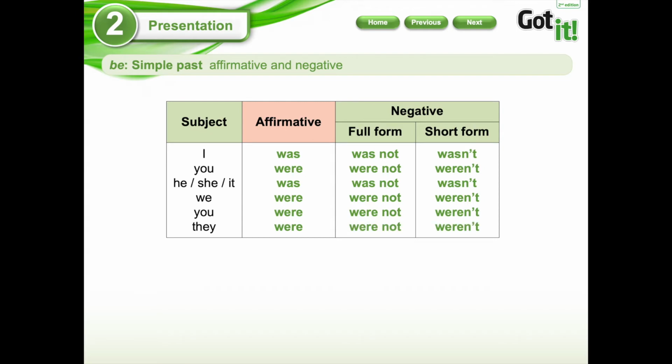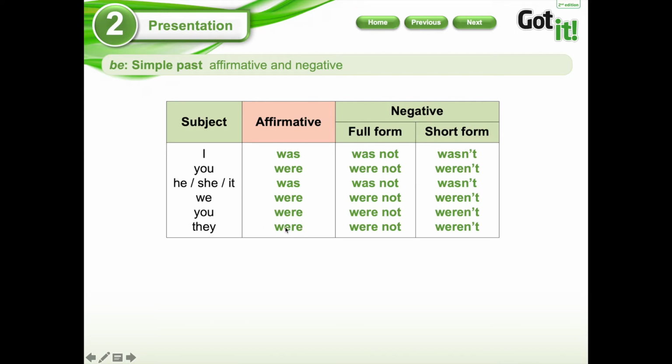Okay, very good. If you pay a lot of attention, you can notice that in the subjects that are singular, like for example I, he, she, it, we are going to use the word was. And in the subjects that are plural, like for example you, we, you again, and they, we're going to use the word were.